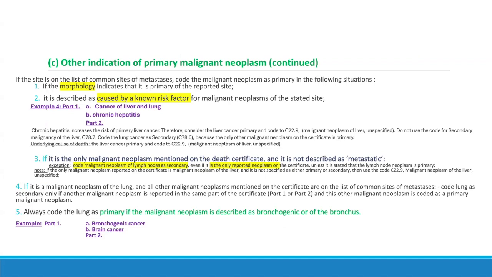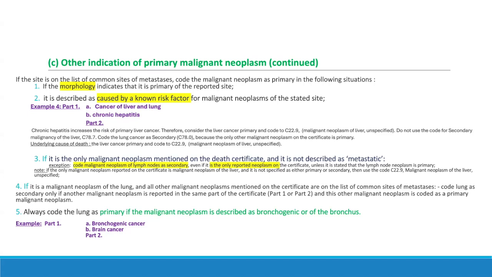Morphology and risk factors. A neoplasm should be coded as primary if its morphology suggests it is the primary tumor of that site or it is associated with known risk factors for that type of cancer. For instance, chronic hepatitis can increase the risk of developing primary liver cancer.